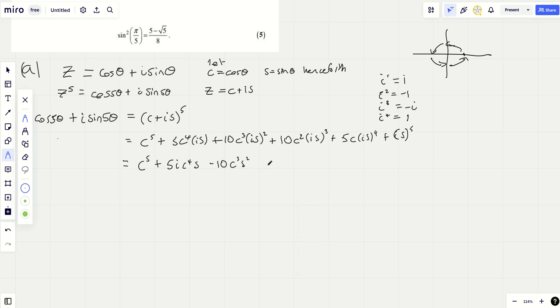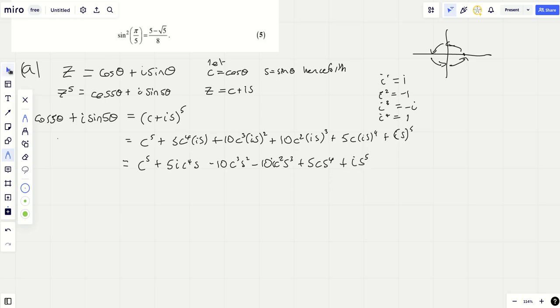Now this one's going to be minus 10i c squared s cubed, and then finally I to the 4 is 1, so that's 5c s to the 4, and then I to the 5 is just i, s to the 5.